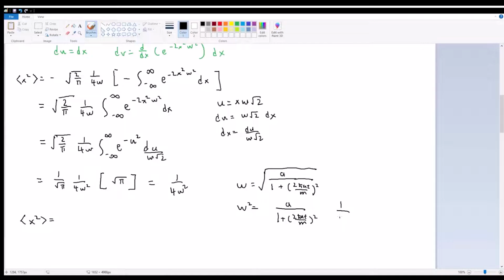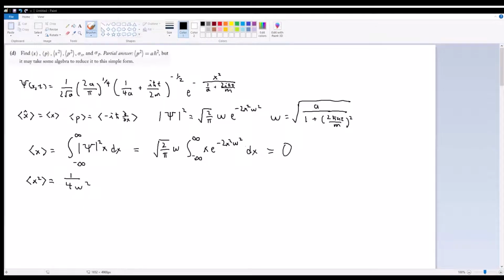So 1 over omega squared is equal to 1 plus 2 h bar at over m squared over a. So 1 over 4 omega squared is going to be 1 plus 2 h bar at over m squared over 4a. And that is the first part of probably like 3 or 4 parts in this problem.